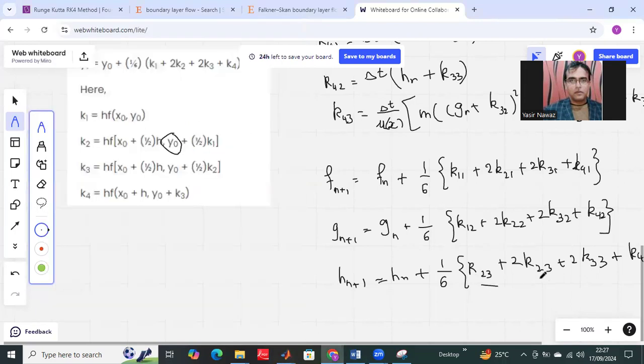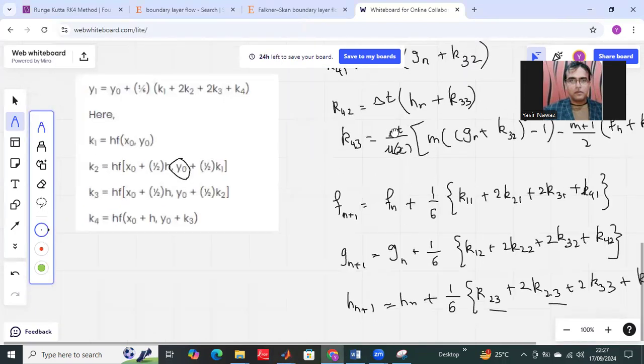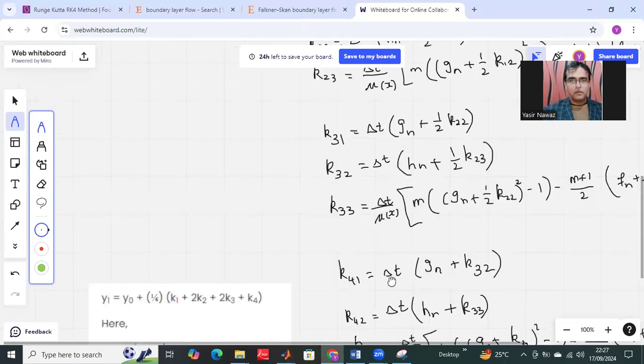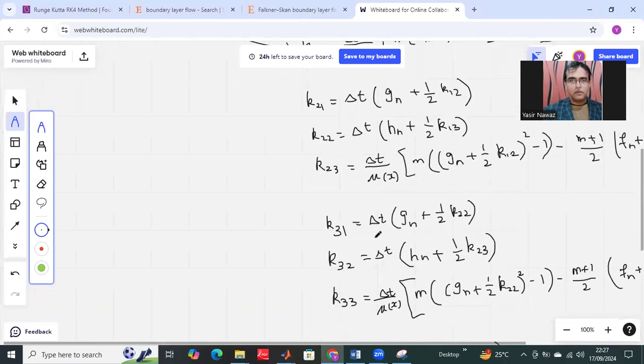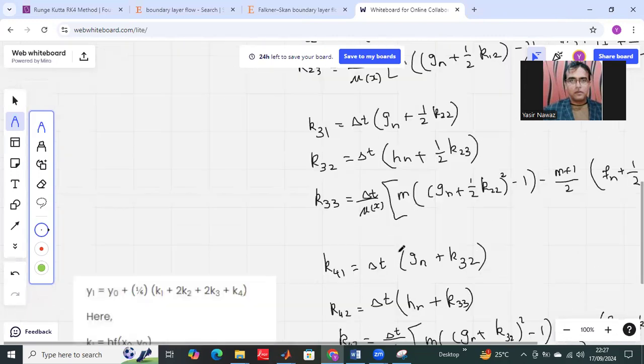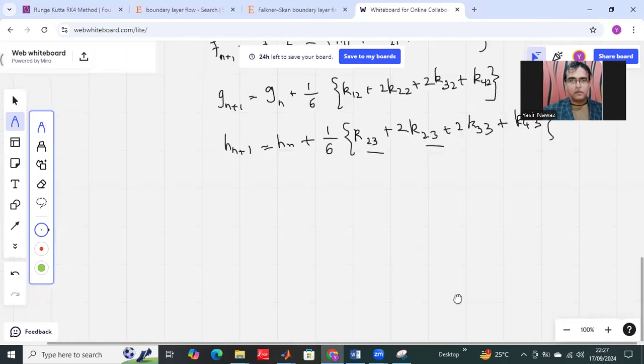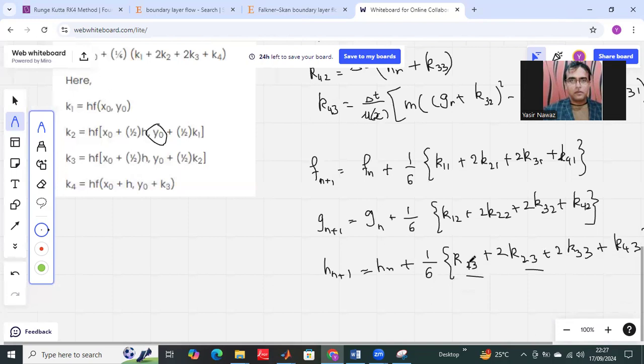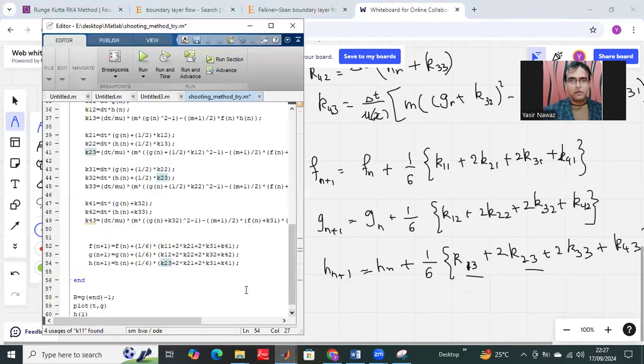So here this is two, three, this is two. So that one should be a K23, the other is K13, K1, K23.